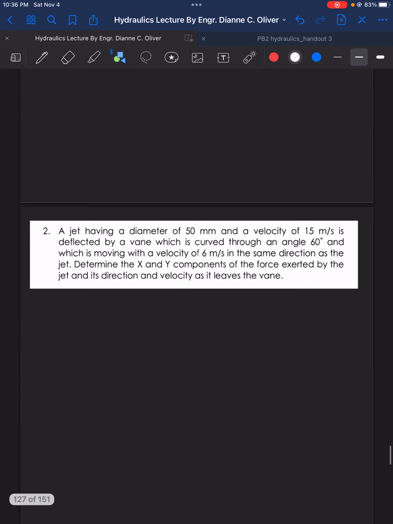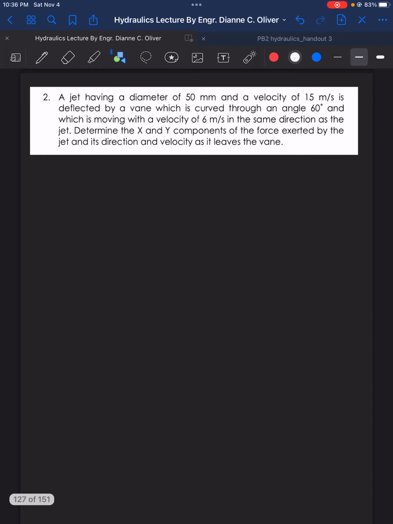Now let's go to example number 2. A jet having a diameter of 50 millimeters and a velocity of 15 meters per second is deflected by a vane which is curved through an angle of 60 degrees and which is moving with a velocity of 6 meters per second in the same direction as the jet.